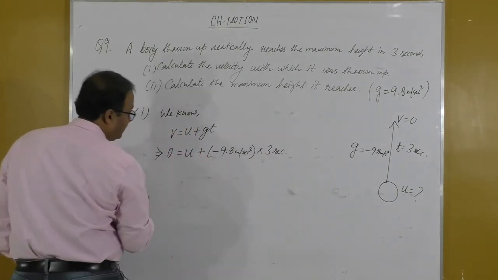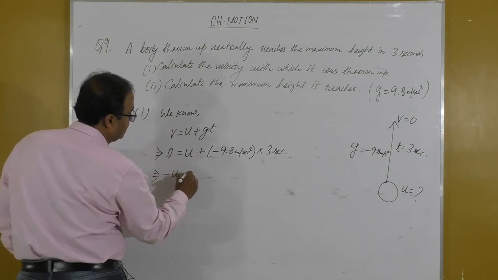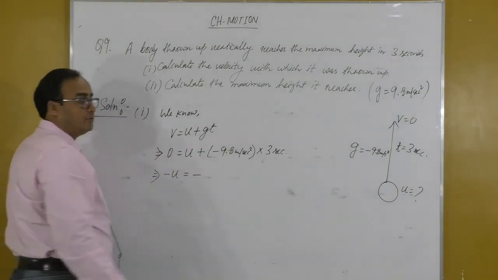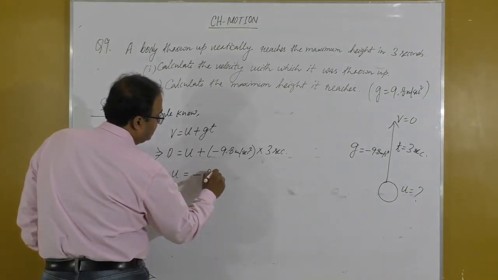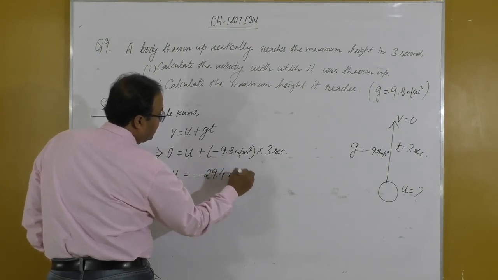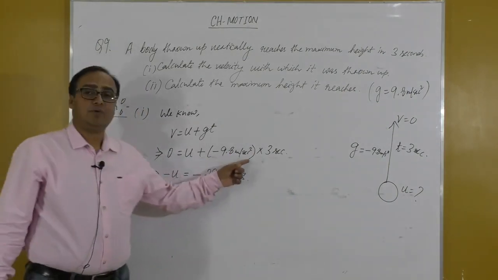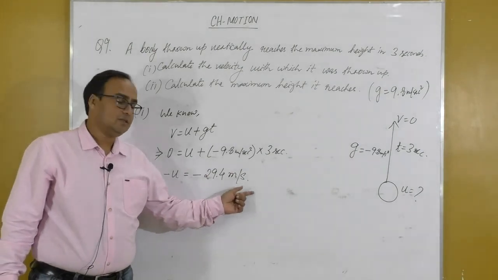So here we can write minus u is equal to minus 9.8. If you multiply by 3, you will get 29.4, and the unit will be meter per second, because of the second square and this second, one second will be cancelled, so the unit will be meter per second.